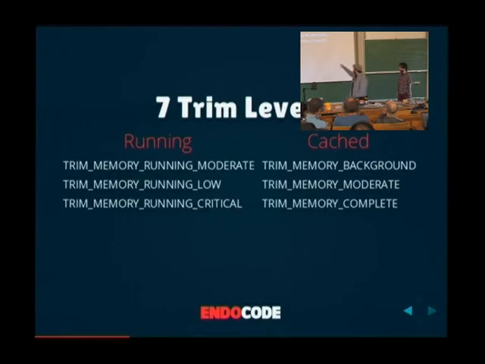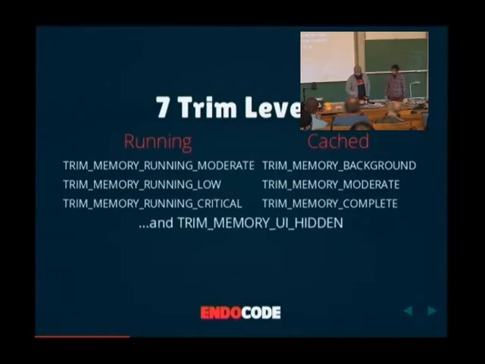Memory complete means you're in the background, and if you don't do something very quickly, you will be completely off the list. Oh yeah, there was that seventh one, and this is onTrimMemory UI hidden, and this is basically when your app goes into the background and there's no visible UI. You can do things like freeing your views and freeing your bitmaps and things like that.